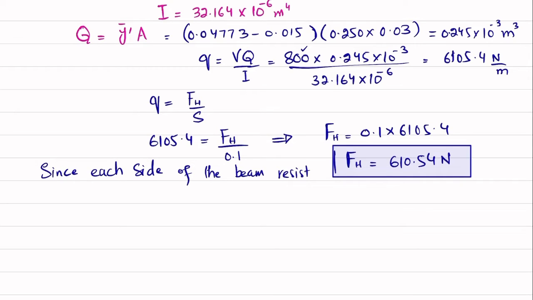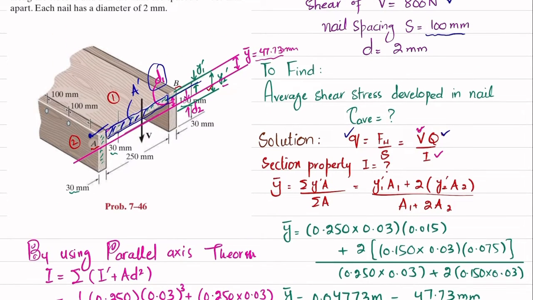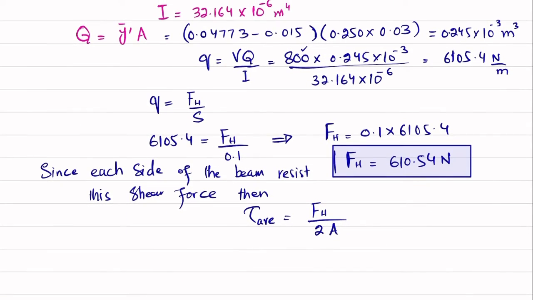Now I will write this: since each side of the beam resists this shear force, then average shearing stress in the nail will be equal to FH divided by 2 into area. You can see that you have nail on this side as well as on these sides. Clear? So the shear force will be divided by 2. So that's why FH divided by 2 into area.